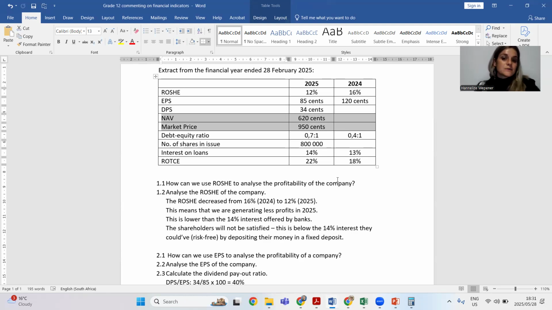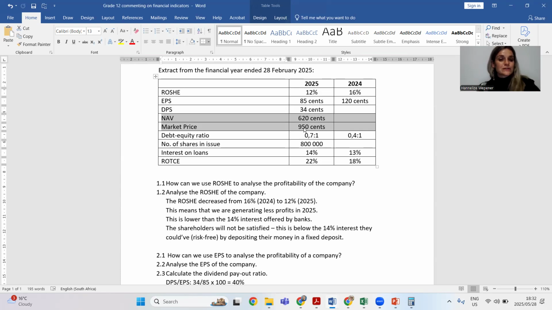So if I now want to sell my shares, I might actually make a profit just by selling my shares, never mind the dividends and stuff that I earned whilst I had these shares. So this is good. It means that the company, even though there's a decline in the returns, is still considered a good investment. They still have a good reputation.